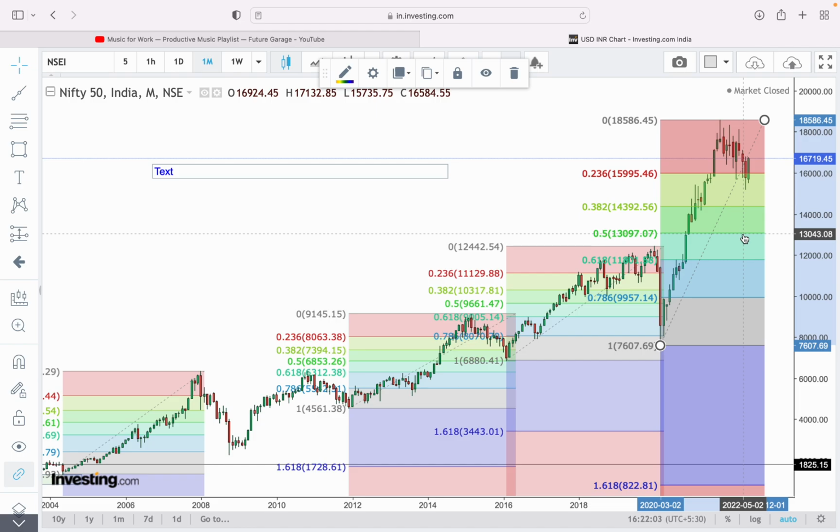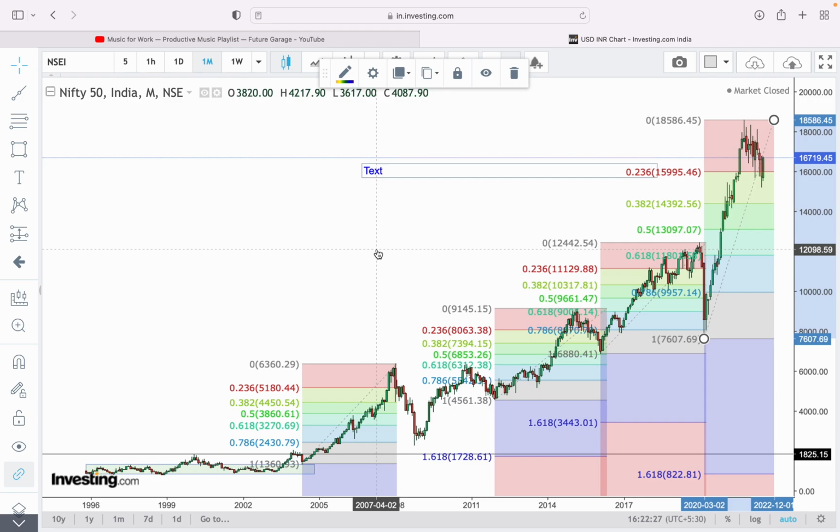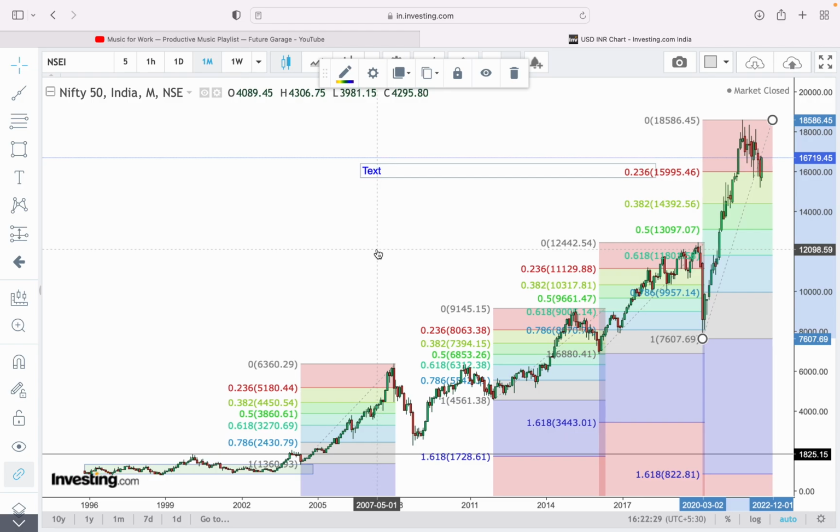So for example, we have identified that during the period 2012 to 2015, when the index moved almost two times, the retracement that happened was 50%, and this has been the most shallow retracement that the index has delivered over a 20-year period, or maybe longer, from 96, over a 26-year period.